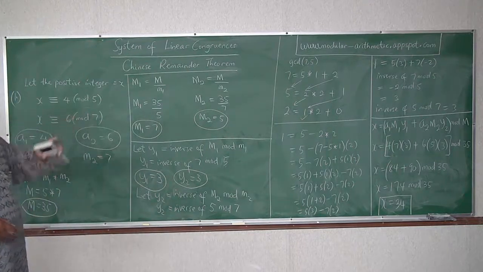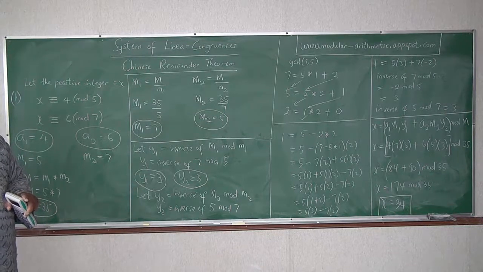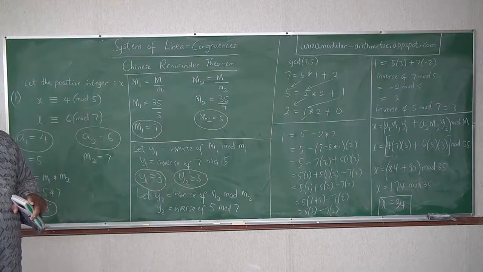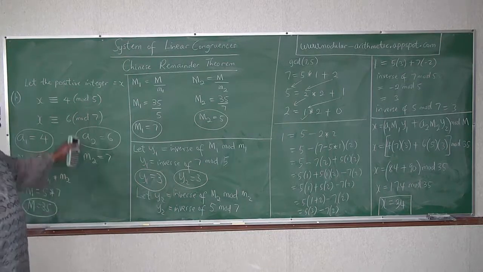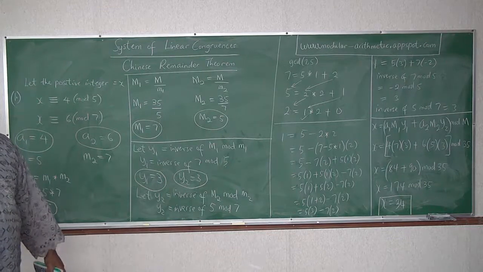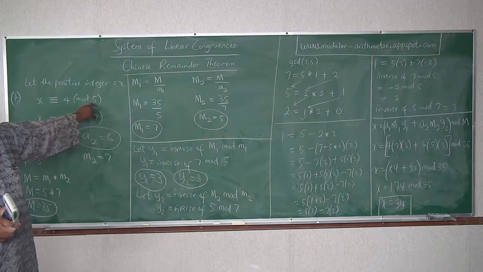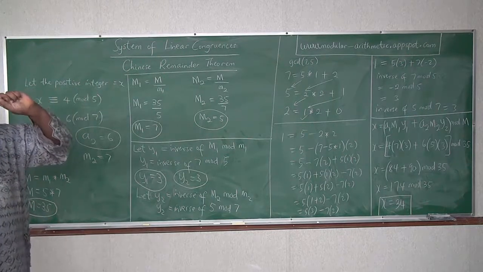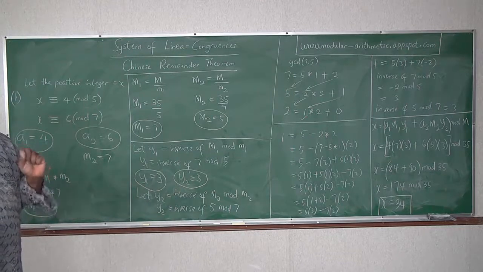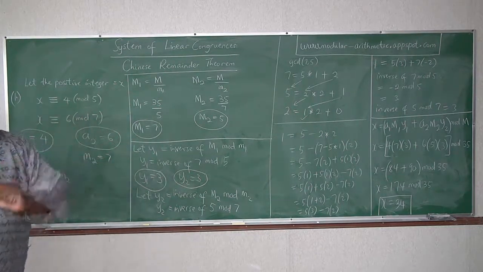And then 34 divided by 7. 7 times 4 is 28. So 34 minus 28 is 6. So that works. 34 divided by 7 is 4, remainder 6. And 34 divided by 5 is 6, remainder 4. So that's the answer, 34.